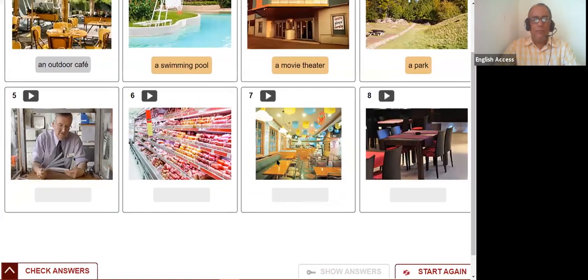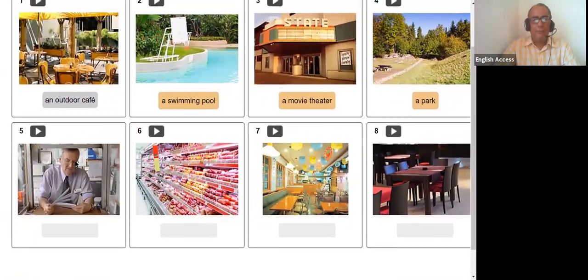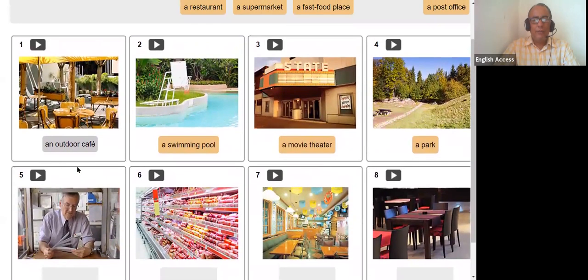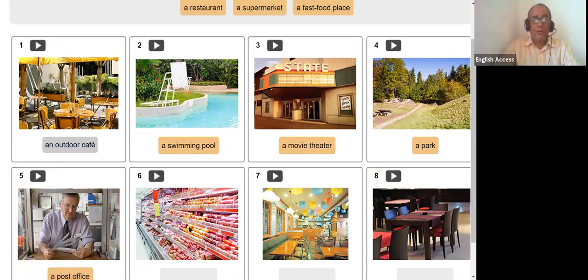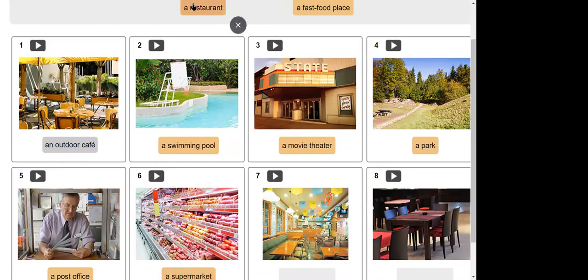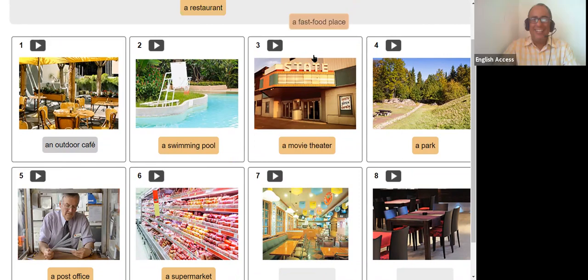Okay, number 5, Fatima. A post office. Post office, yes. Number 6, Francisco. The supermarket. Yes, very easy. 7, Fatima. A restaurant. And finally, number 8. A fast food place.